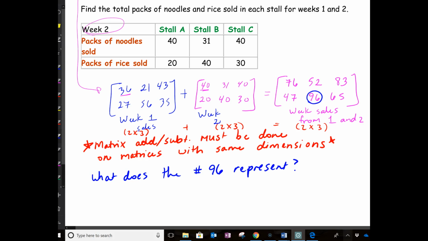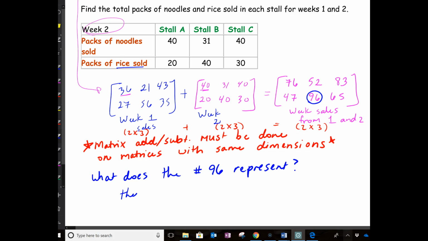Maybe their computer did the operation. It added week 1 plus week 2. But if we analyze that number, what would it represent? Stall B, packs of rice sold, right? So we just want to make sure we can see how to pick out that element and what it represents in a real life scenario. So what does the number 96 represent?